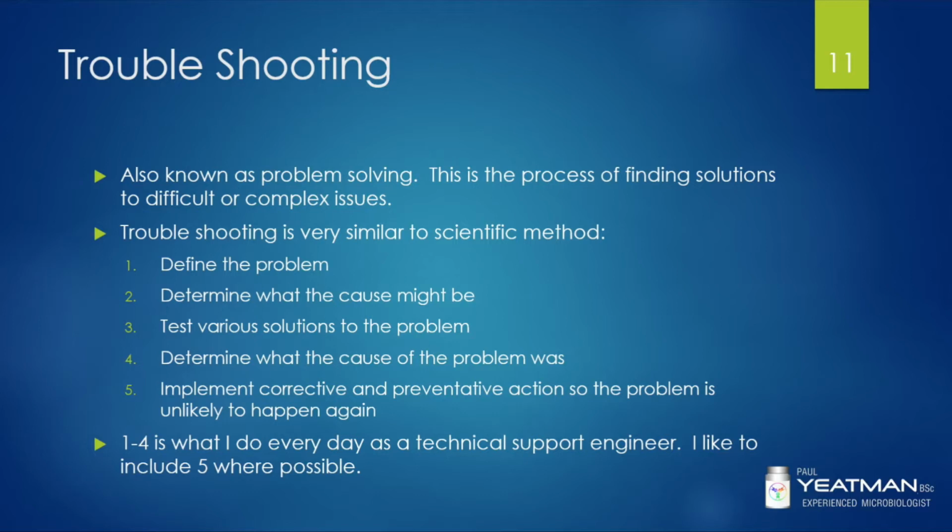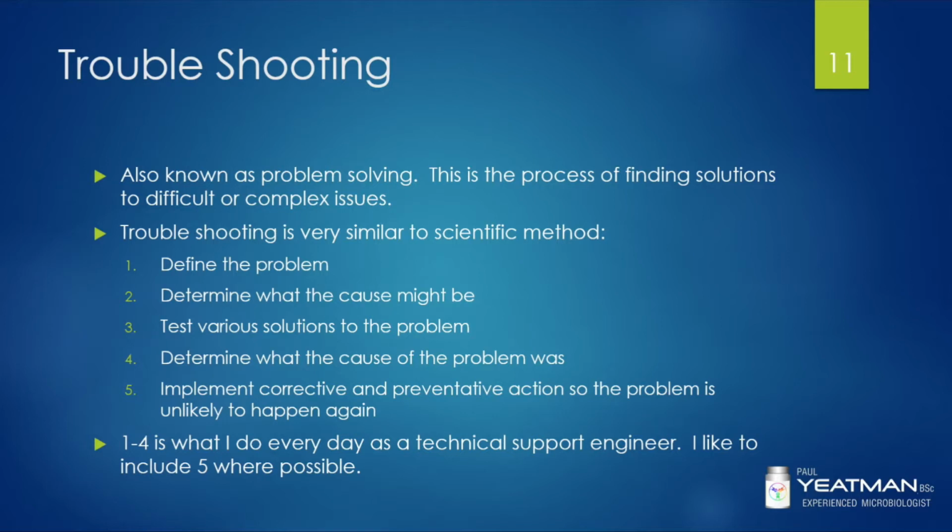You need to define the problem, similar to observation, determine what the cause might be, as in develop a hypothesis, test various solutions to the problem, so that's your experimentation, determine what the cause of the problem was, which comes into the conclusion stage, and most importantly for troubleshooting, is implementing corrective and preventative action so the problem is unlikely to happen again.